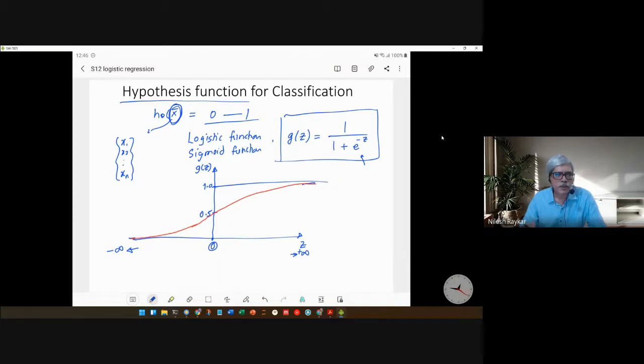In logistic regression classification, we use the hypothesis function we just talked about. It indicates the probability of the label of the sample being equal to 1.